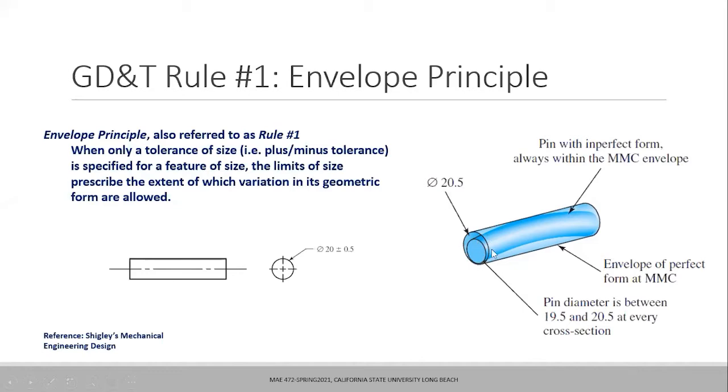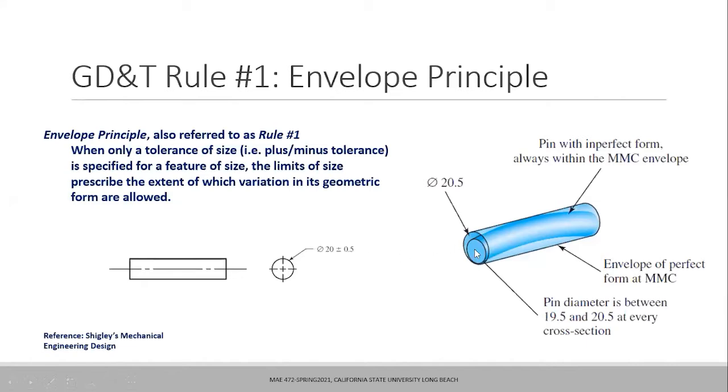Every cross section must also satisfy the drawing specification, that the minimum diameter is 19.5 and the maximum is 20.5. So the pin diameter is between 19.5 millimeters and 20.5 millimeters at every cross section, which exactly matches the specified drawing.